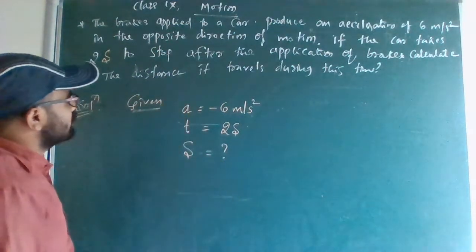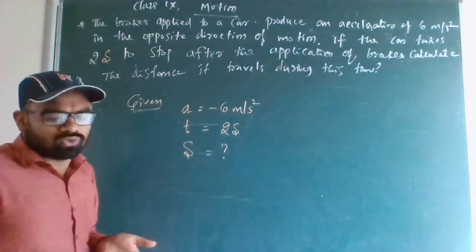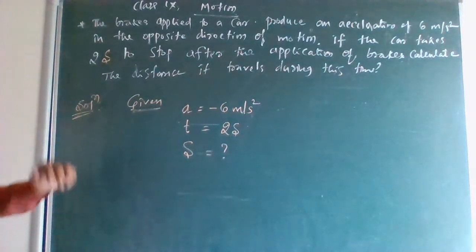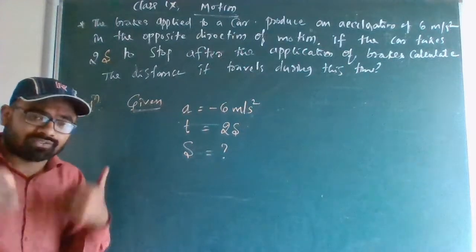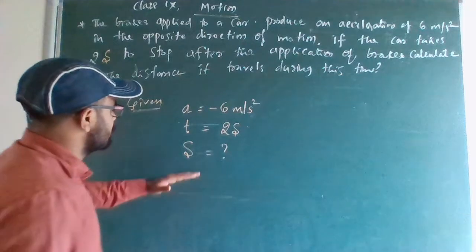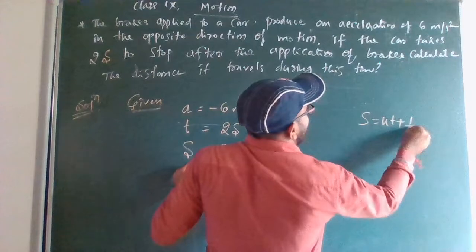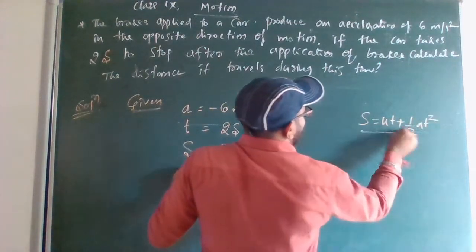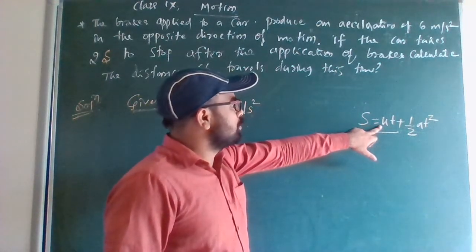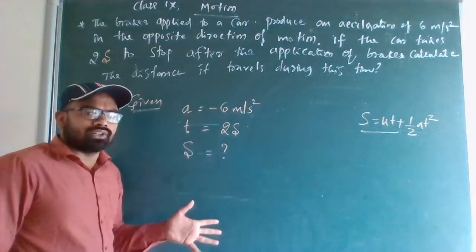You know that v is equal to u plus at, that is, final velocity is equal to u plus at. First we will find u. The formula for s is s is equal to ut plus half at square, but we don't know u, so first we must find u.